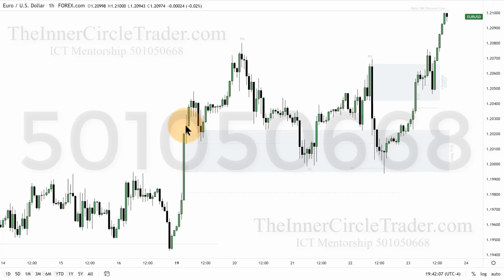the daily fair value gap that's shaded here, that's the parent PD array. So it need only come back down into that and not the lower time frame imbalance here. Notice that? This imbalance starts here and ends here.